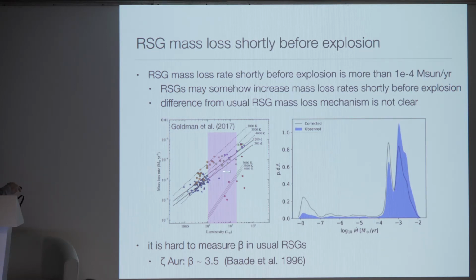This is not exploding, this is long before the explosion. Those exploding red supergiants just before the explosion should exceed this mass loss rate by much. So somehow these supernova progenitors are losing a lot of mass just before the explosion.